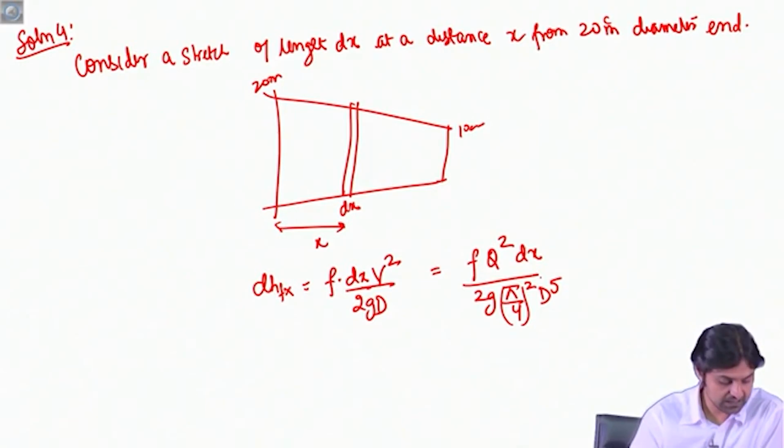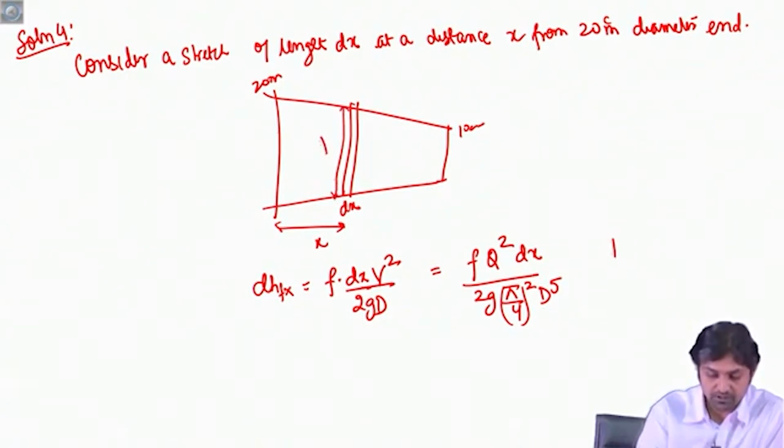So, we are going to get this equation where this is the diameter D at distance x.